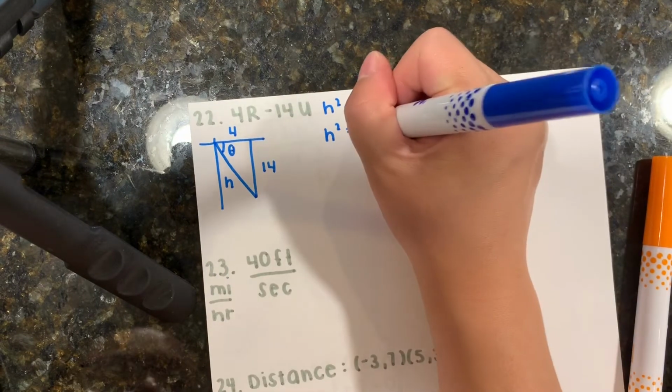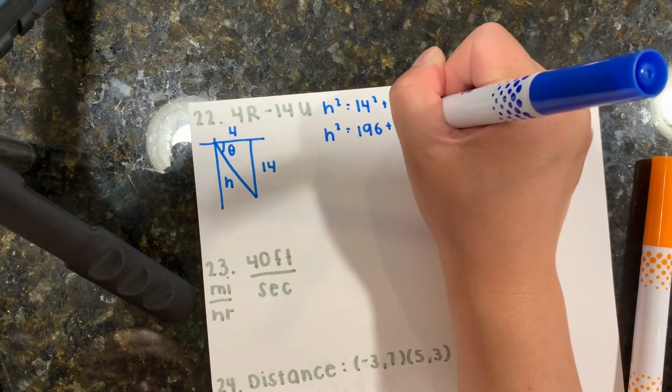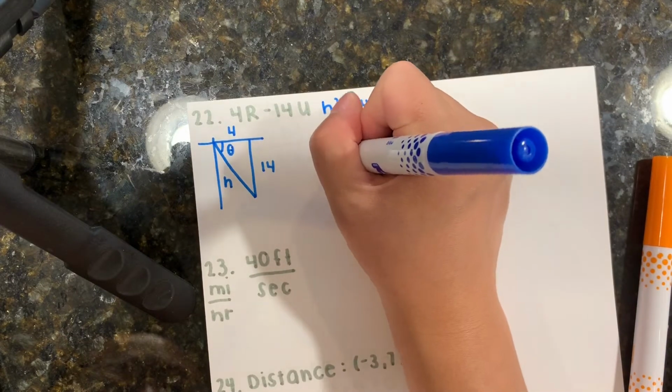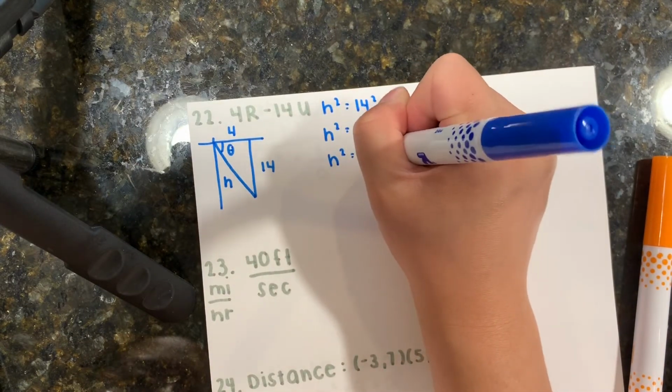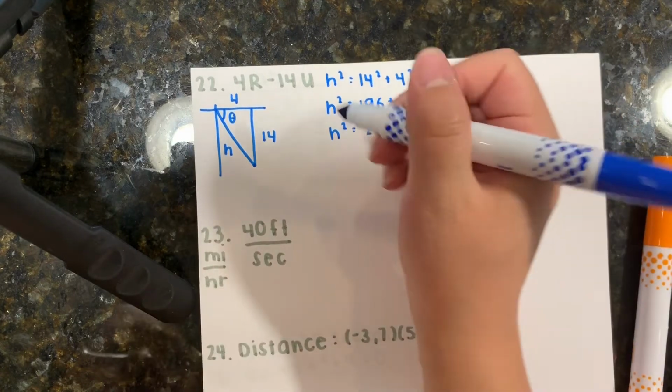14 squared is 196 plus 16, which is going to be 212. So 2 square root 53, I think, is what you get.